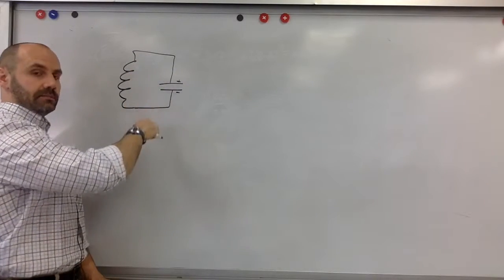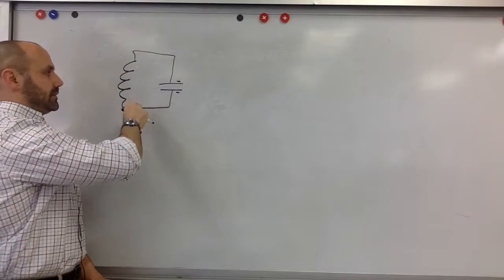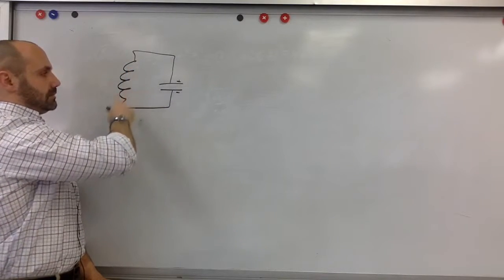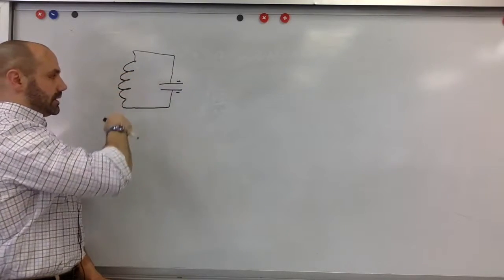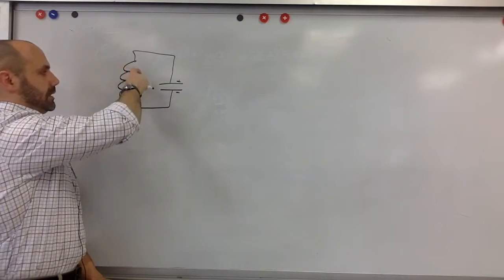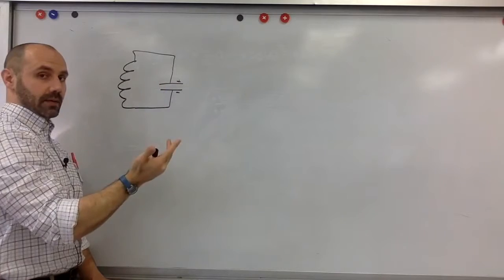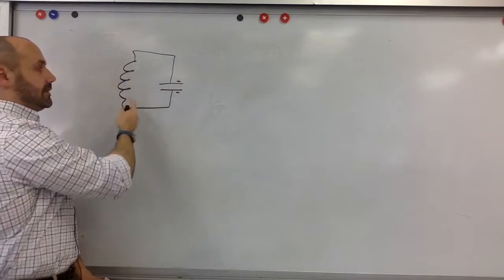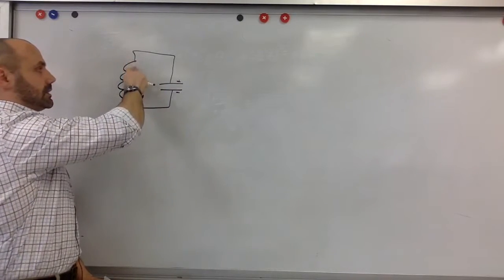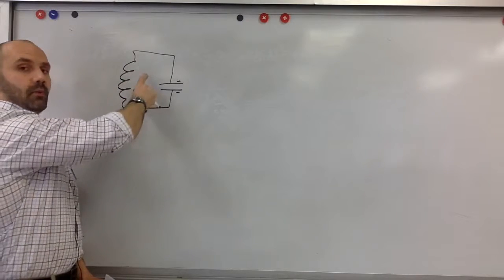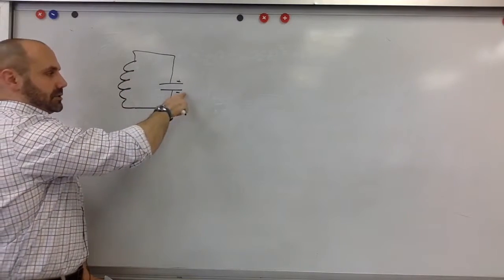Once this is totally discharged, the current will want to stop. However, the inductor is going to keep the current going until this thing discharges, but when it is discharging, it's going to charge this back up.